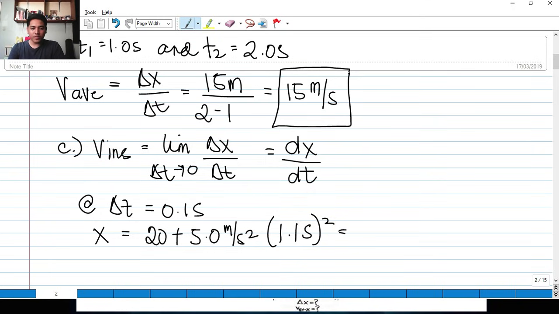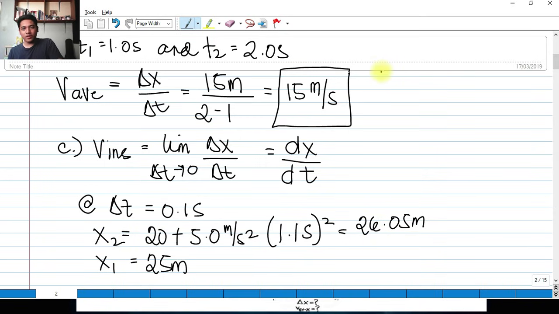Computing that, 20 plus 5 times 1.1 squared, that is 26.05 meters. But we have already computed a while ago the position of the cheetah at t equal to 1, and that is equivalent to 25 meters. So this will be our x sub 2.